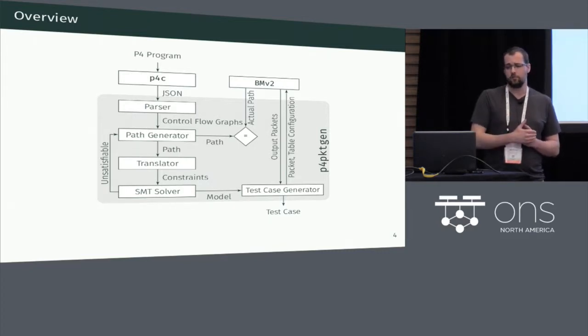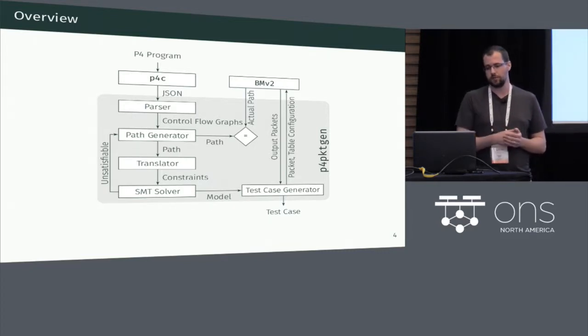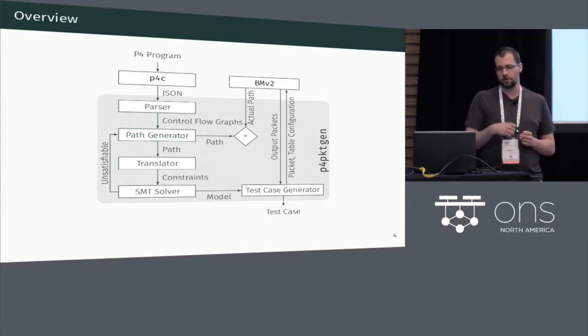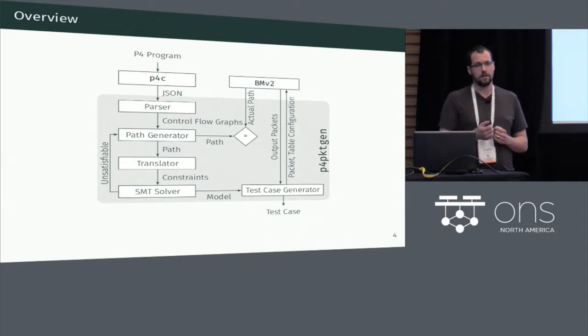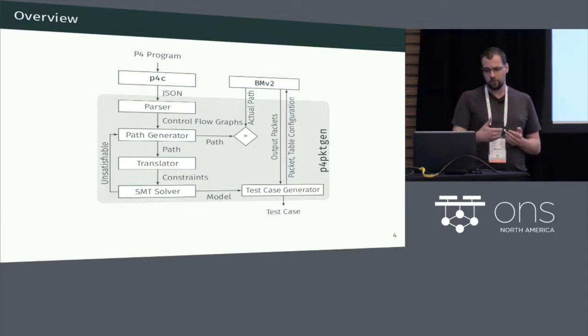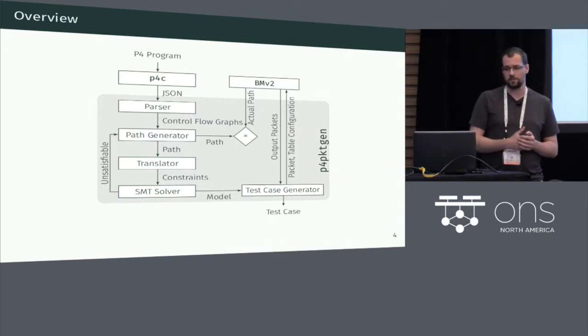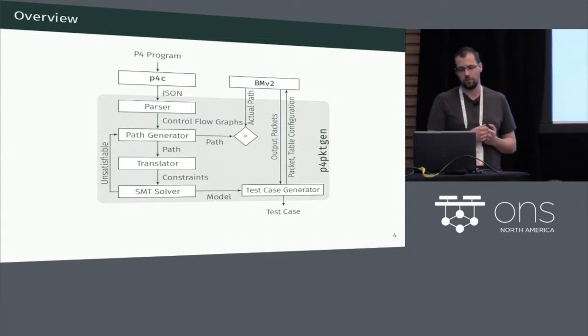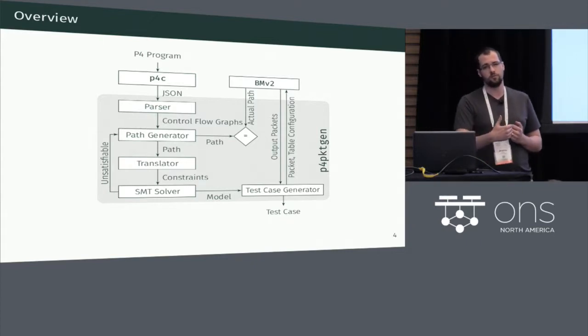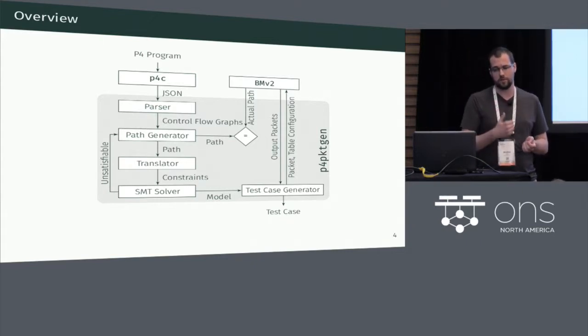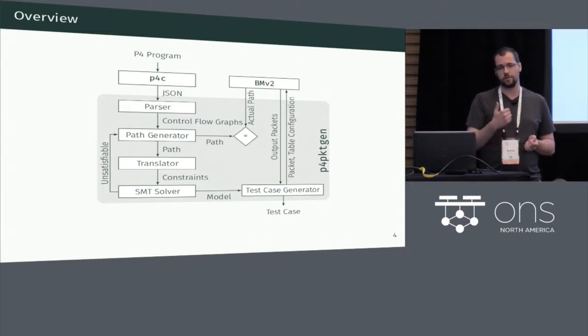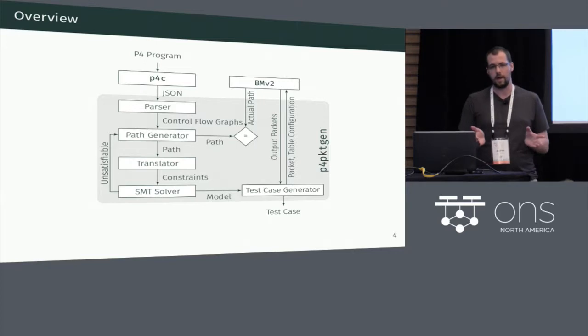Instead of parsing P4 ourselves, we use the p4c open source P4 compiler to parse the program for us, which makes our life easier and allows us to be independent from the P4 version. p4c produces a JSON file that we then parse and generate control flow graphs from. Through those control flow graphs, we generate concrete paths that we send to our translator, which generates the constraints that correspond to that path.